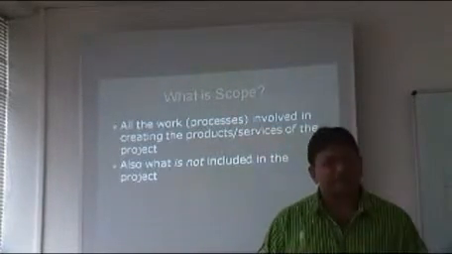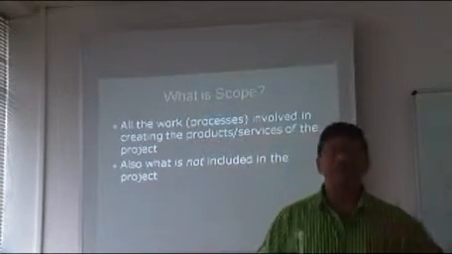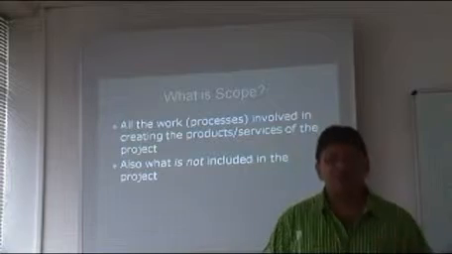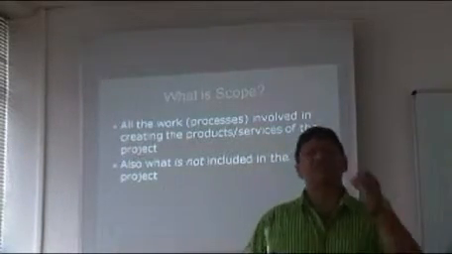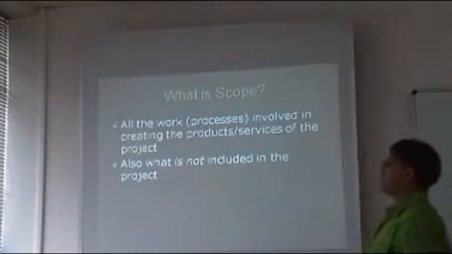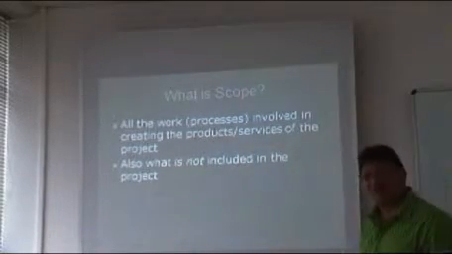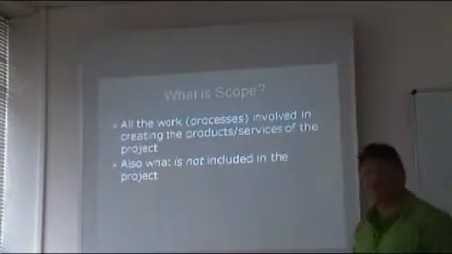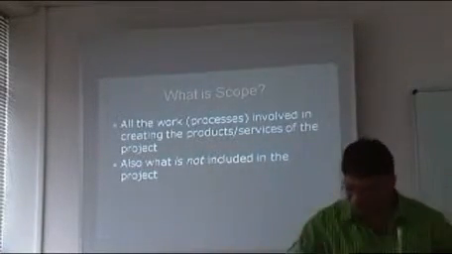If you don't do that, at the end of your project, it might end up in big conflict and big arguments upon what was agreed upon and what was not agreed upon. So it's extremely important to specify what is in scope of work, and what is out of the scope of work. Very, very important. So that is your scope of work.